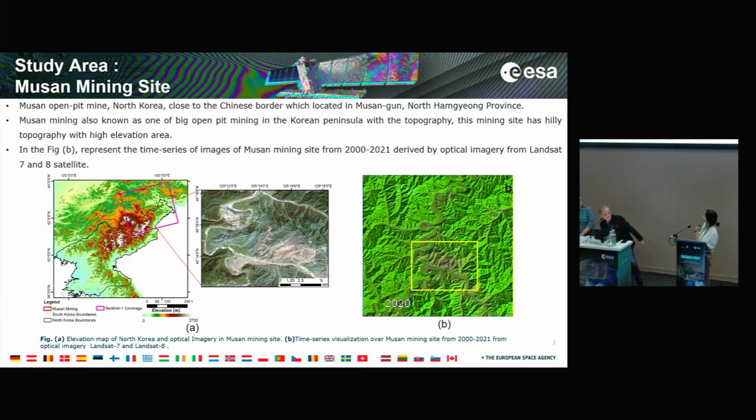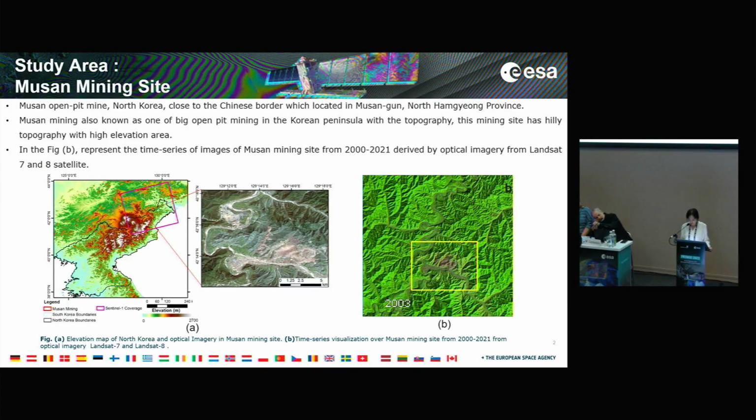This is the study area, the Musan mining site. Musan open pit mine, North Korea, is close to the Chinese border, located in Musan-gun, North Hamgyong province. Musan is known as one of the big open pit mines on the Korean peninsula.